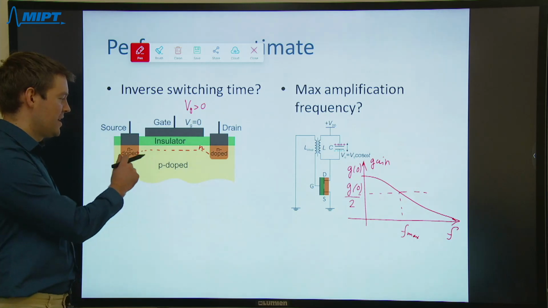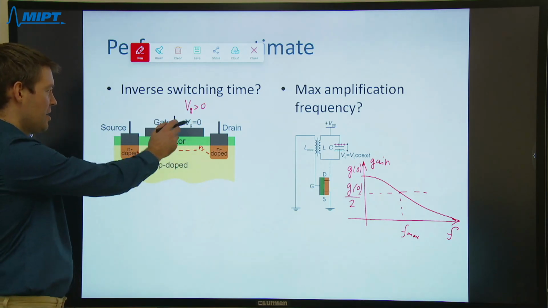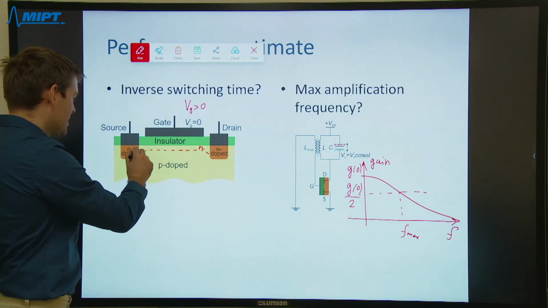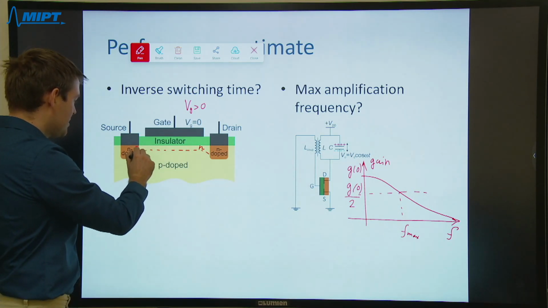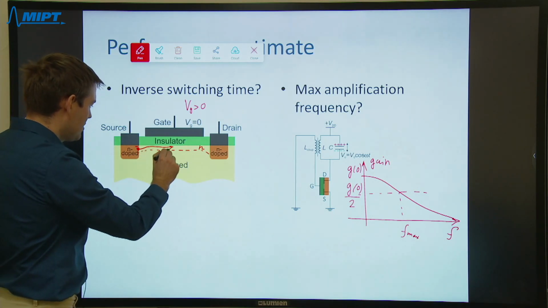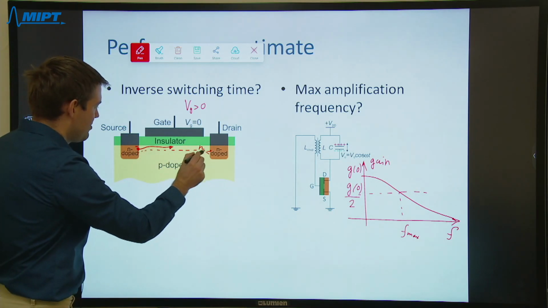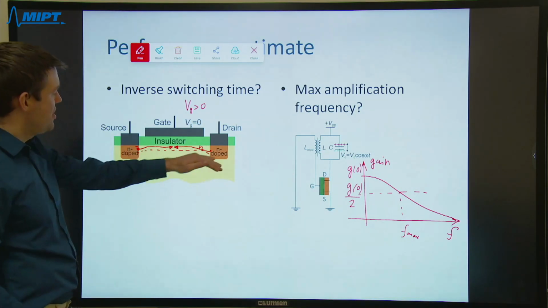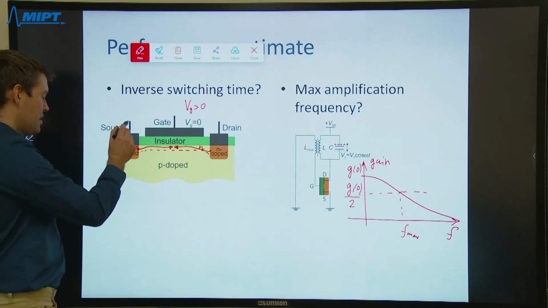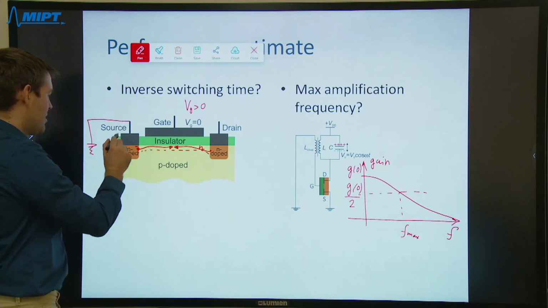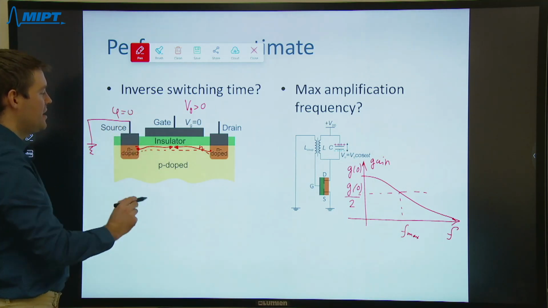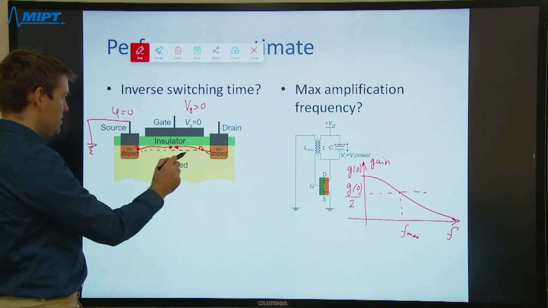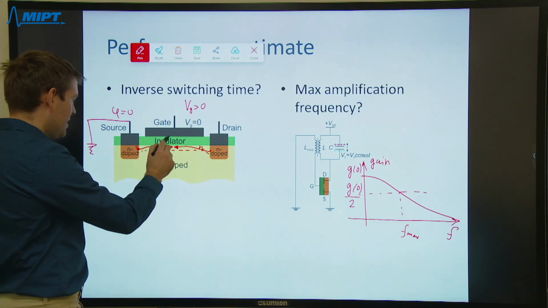Let us assume that initially the channel was empty and you rapidly apply a pulse of positive gate voltage. Then to form an n-type channel, an electron has to travel from the contact at least to the middle of the channel. So they should travel from here to here and from here to here. The source is, for example, grounded, and it is located at phi equal to 0. The field lines in the transistor would be like that.